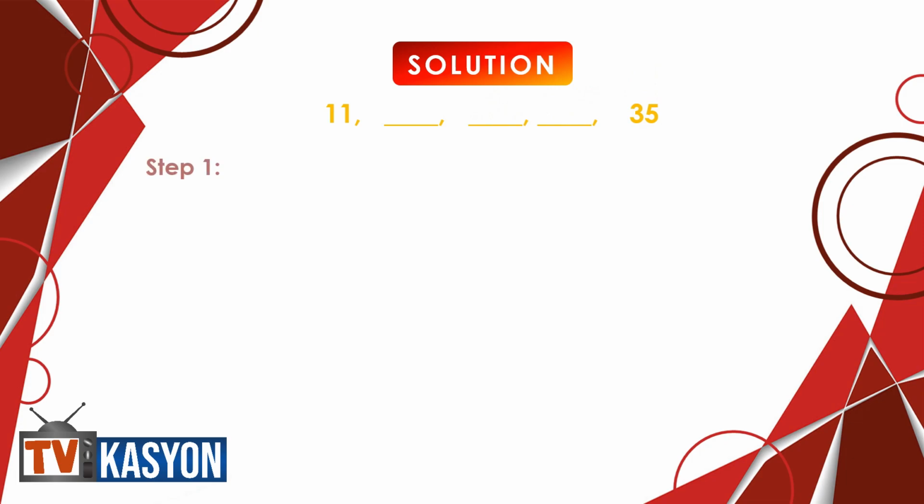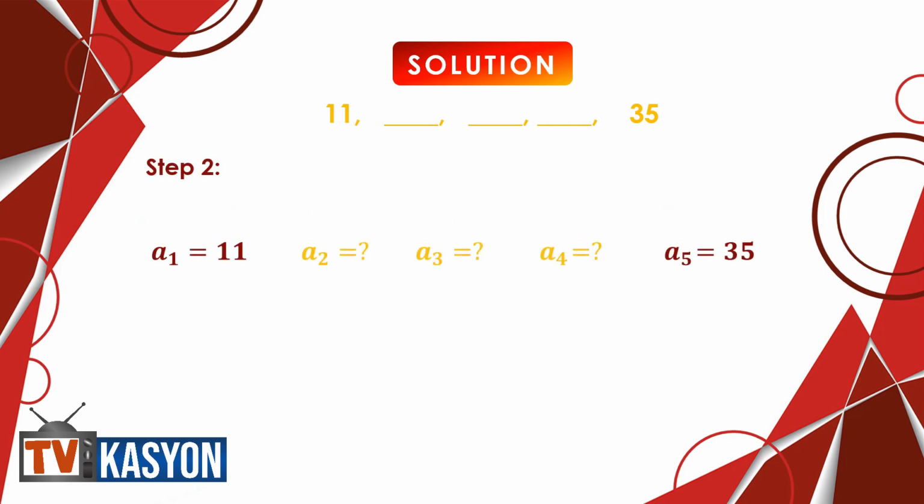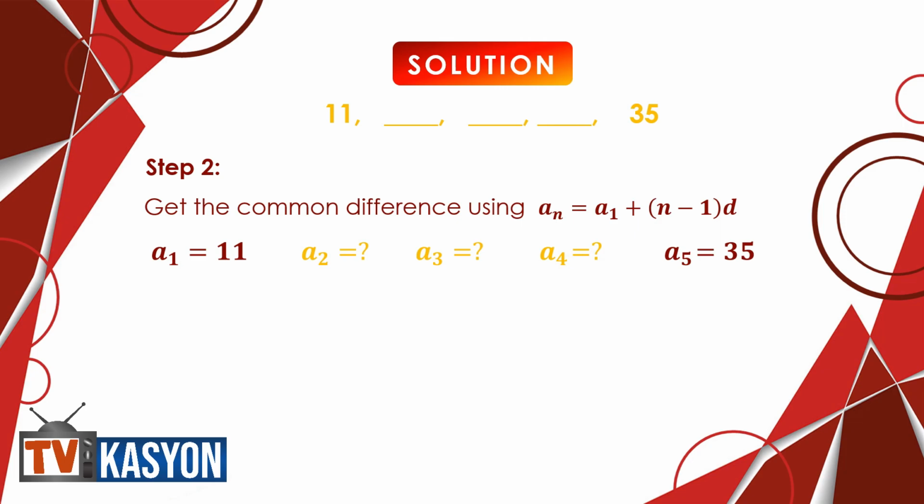For step 1, let a sub 1 equals 11 and a sub 5 equals 35, while we let a sub 2, a sub 3, and a sub 4 be the unknown. For step 2, get the common difference using a sub n equals a sub 1 plus the quantity of n minus 1 times d, where the nth term denoted by a sub n is the last term of the sequence, a sub 5 equals 35.